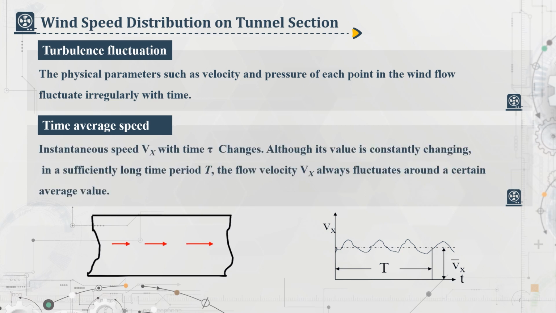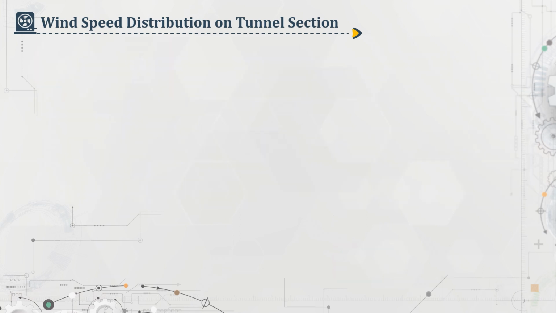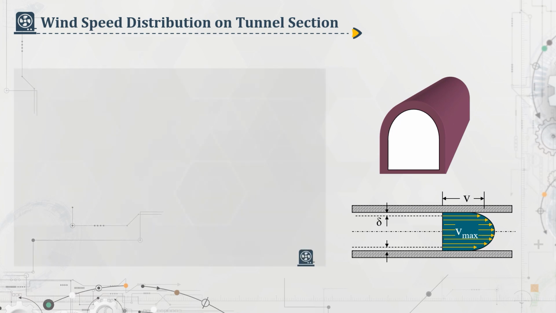The instantaneous speed Vx changes with time τ, although its value is constantly changing. In a sufficiently long time period T, the flow velocity Vx always fluctuates around a certain average value. Wind speed distribution in the tunnel.